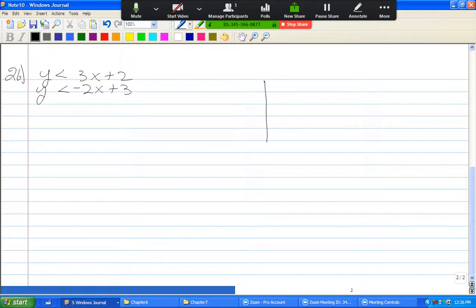So if I look at the graph of this, well, for this first boundary line, the y-intercept is 2, the slope is 3, and there's no equal sign, so it will be a dashed line.